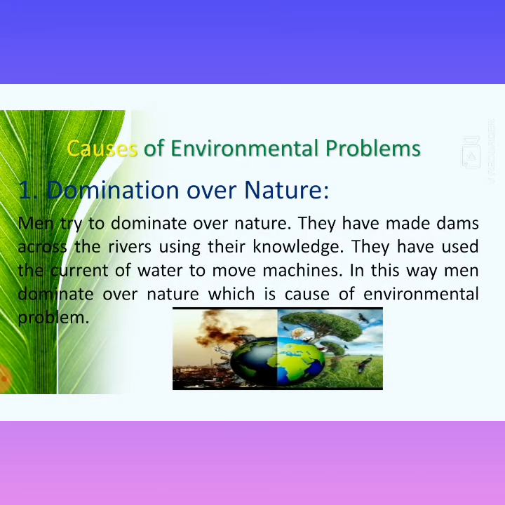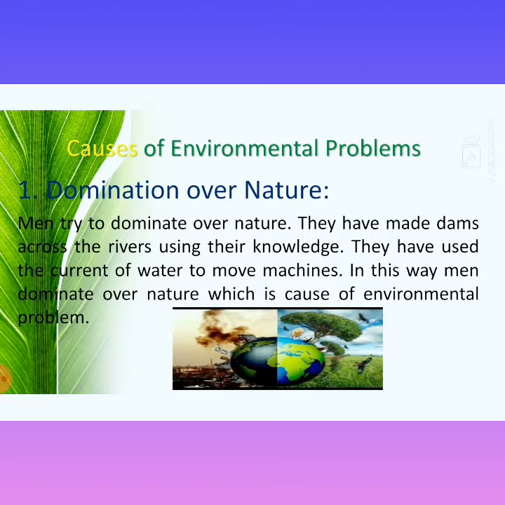Okay. What is domination over nature? You see in the slide, men try to dominate over nature. We try to dominate over nature. People have made dams across the rivers using their knowledge, like the Farakka Dam, like our Tista Dam.